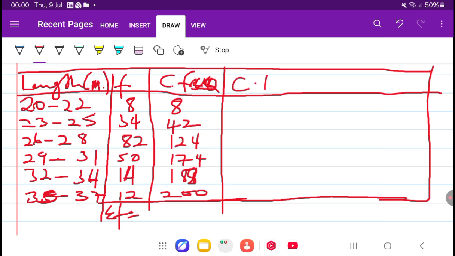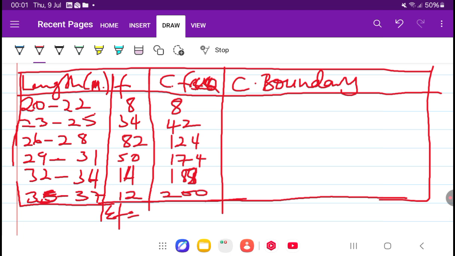So we get now the class boundary. We get the class boundary because these are inclusive classes.